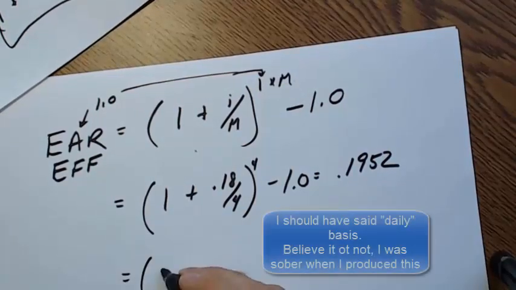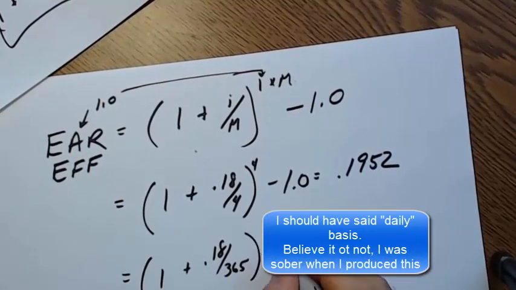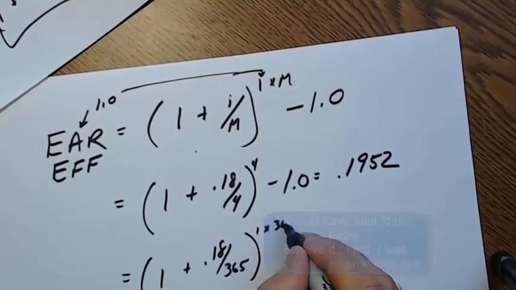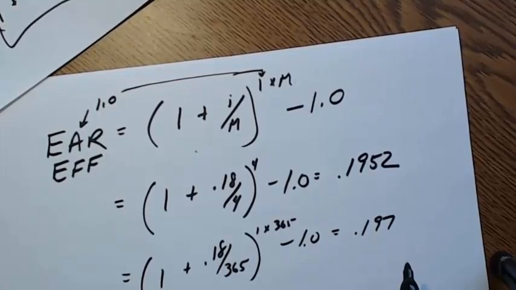And if you wanted to do this on an annual basis, you would come up with not as much as you think, as I was telling you before. You'd come up with about 19.7% as the effective, the actual interest rate that you were paying.